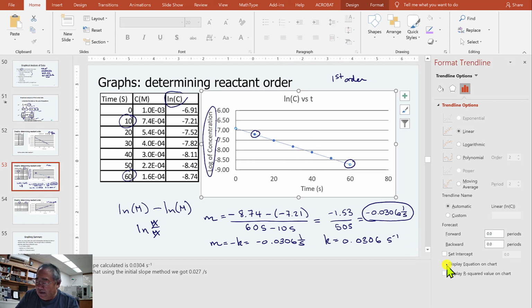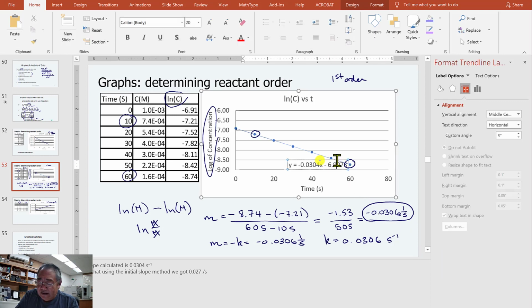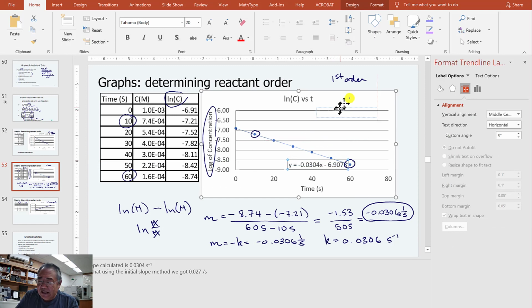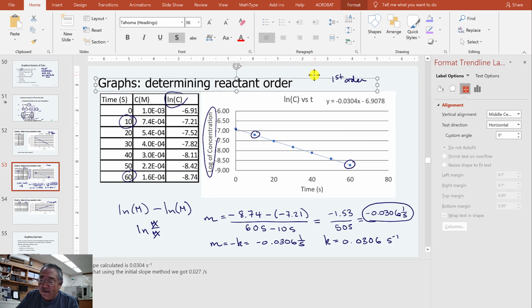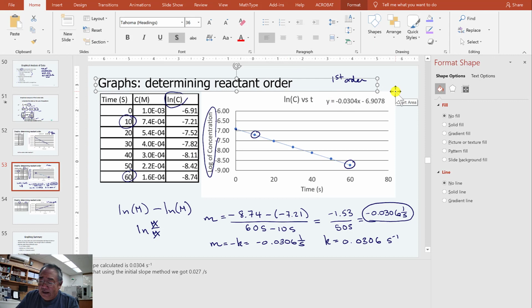And then I want to display the equation on the chart. Oh, look at that. It's usually like 0-point font and you can't see it. And so there's the equation on the chart, and notice what it is. It's negative 0.0304x minus 6.9078.